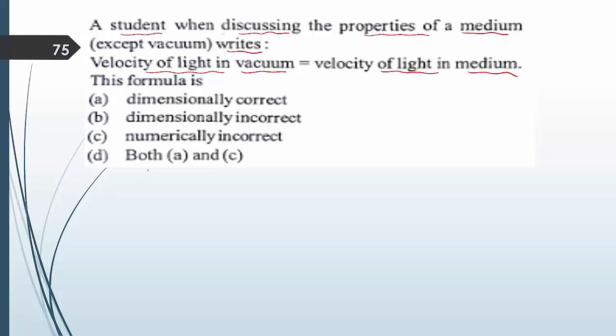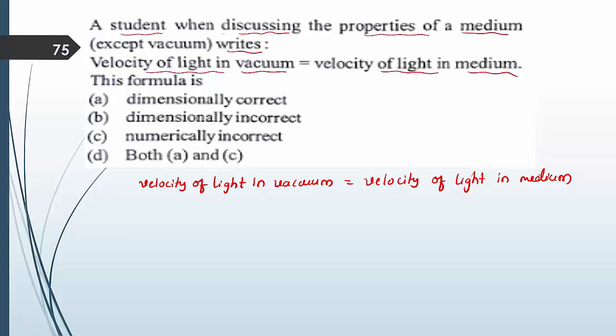So one equation is given: velocity of light in vacuum is equal to velocity of light in medium.